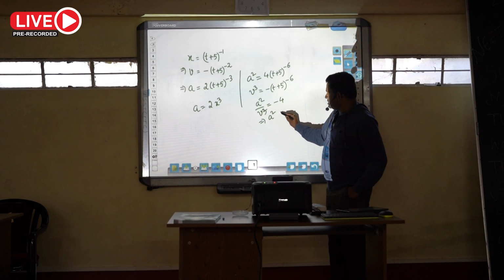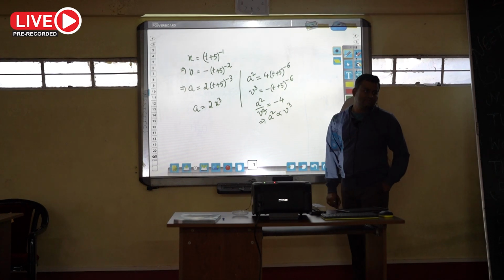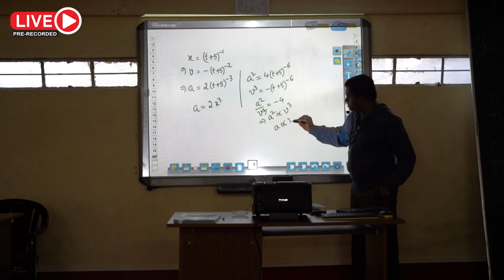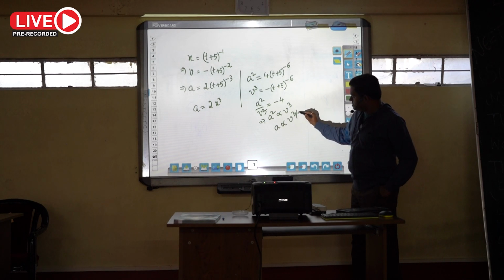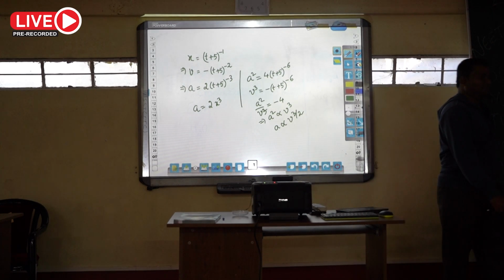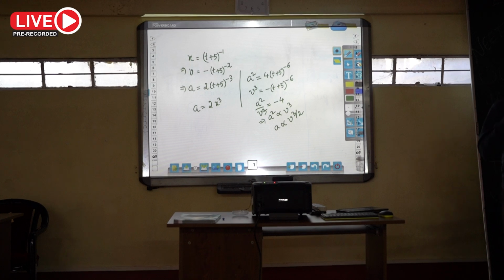So a square is proportional to V cube, means A is proportional to V to the power 3 by 2.